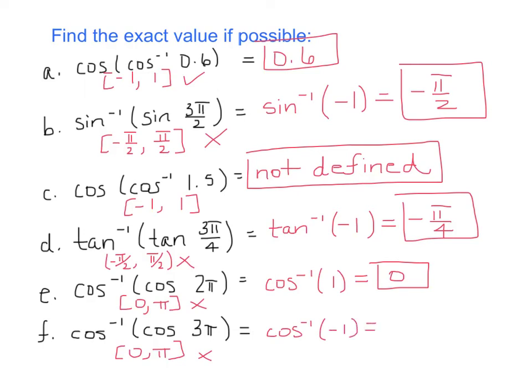And then you have to find an angle that has a cosine of negative 1. But remember, you can only look between 0 and pi. And this answer would be 0 as well.